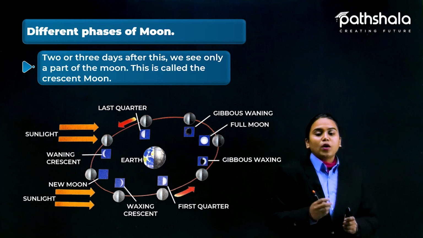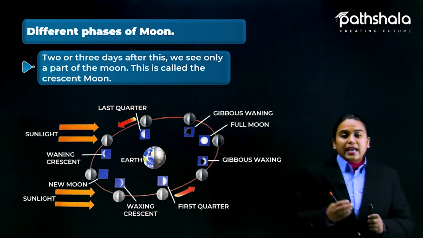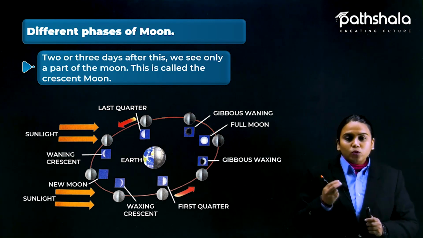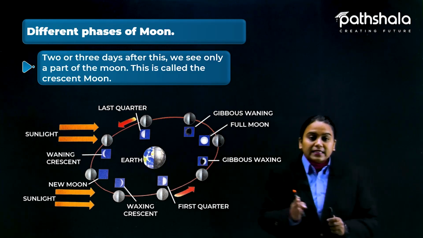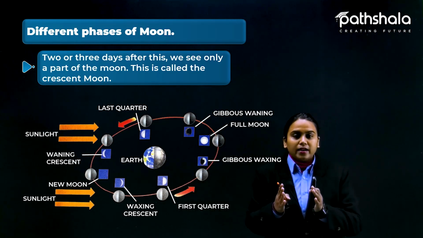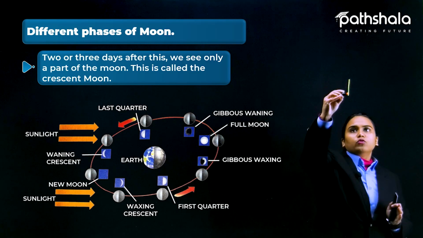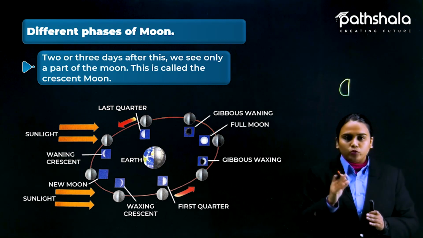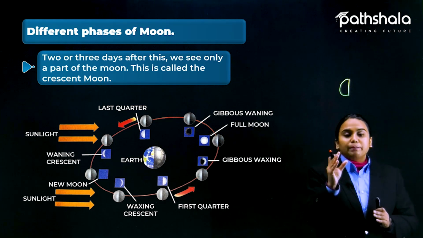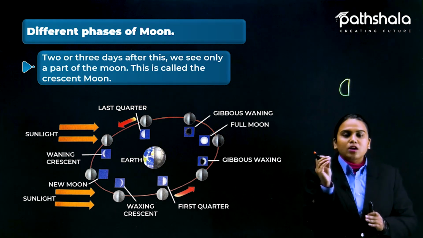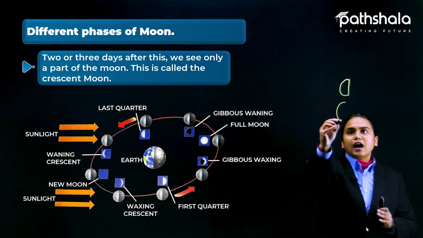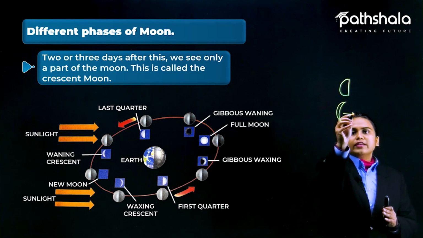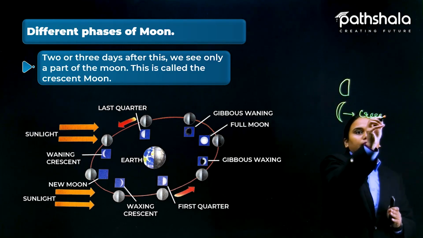Okay, let me tell you one more thing, students. When the moon is just less than the half part, like this, we can say the moon is showing the half moon. Fine, but if the phase of the moon is less than the half part, then we would always call it crescent.